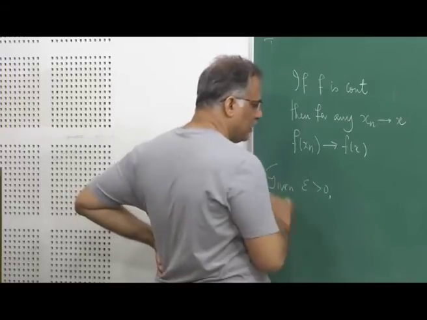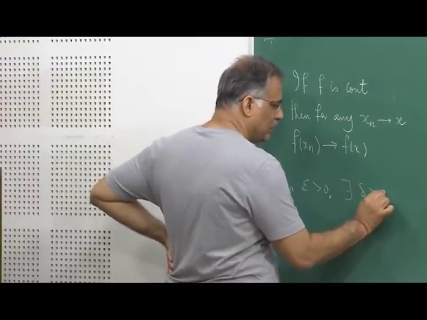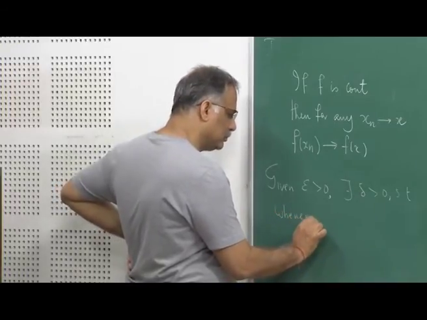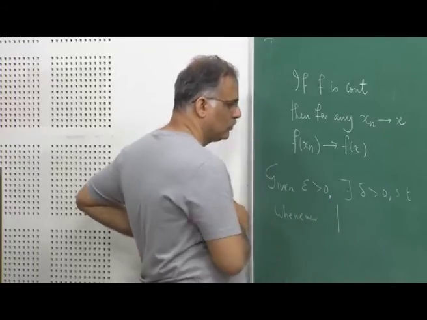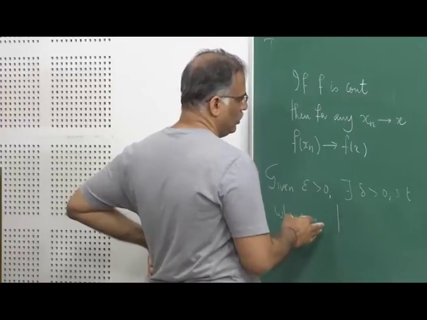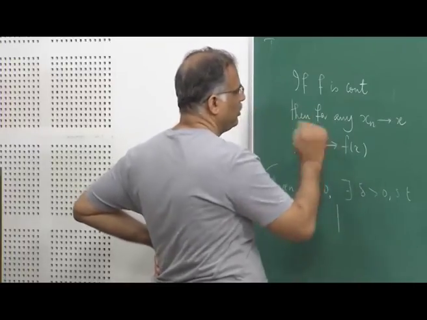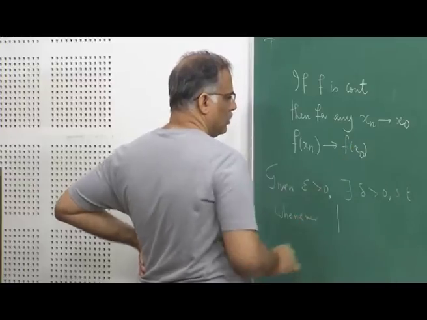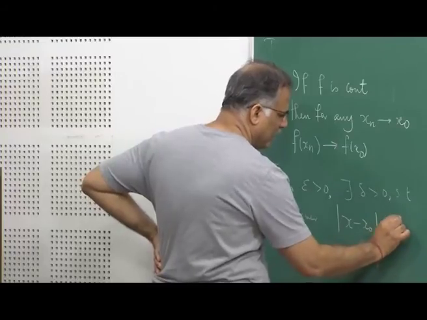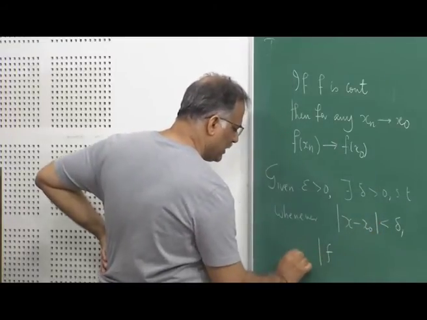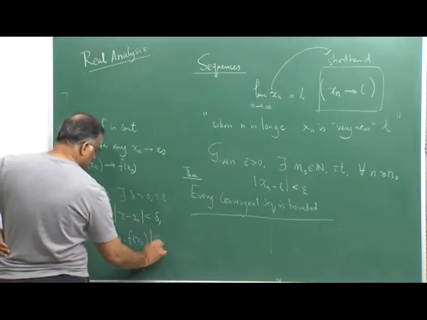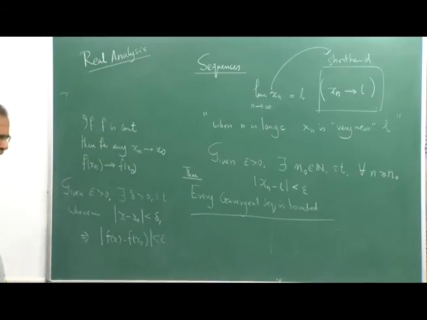There exists delta greater than 0 such that whenever x is tending to, maybe I should write x naught, that is when |x minus x naught| is less than delta, we have |f(x) minus f(x naught)| is less than epsilon.